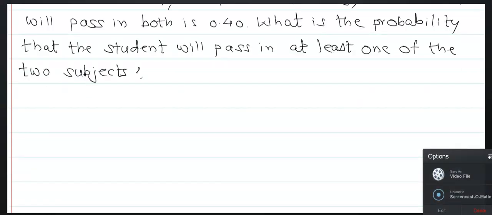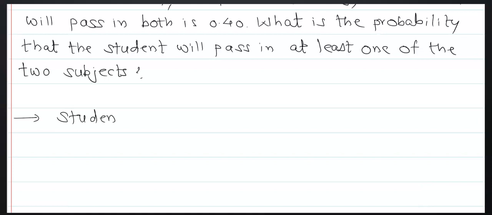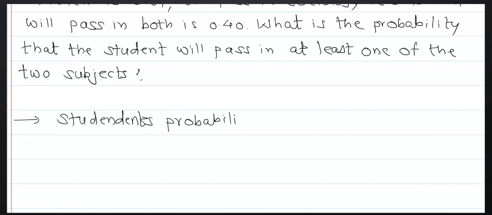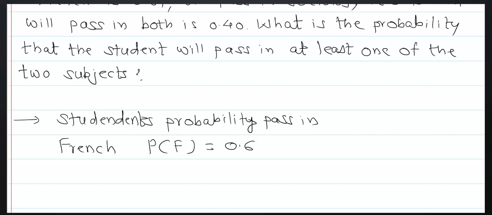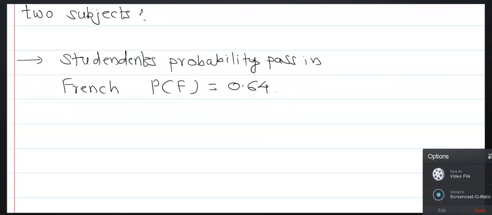Now this is the problem. Now we'll start its solution. It's a very simple problem. The student's probability to pass in French is P of F is equal to 0.64.